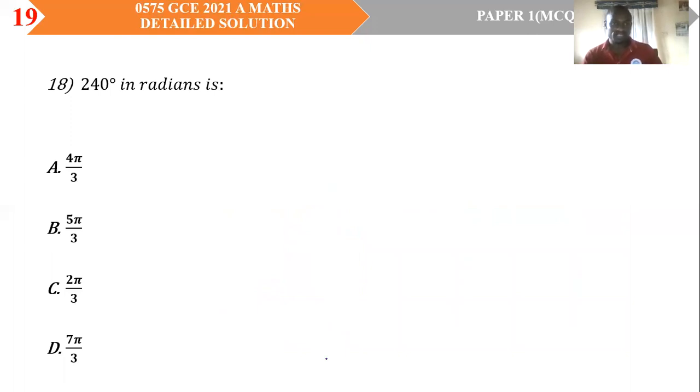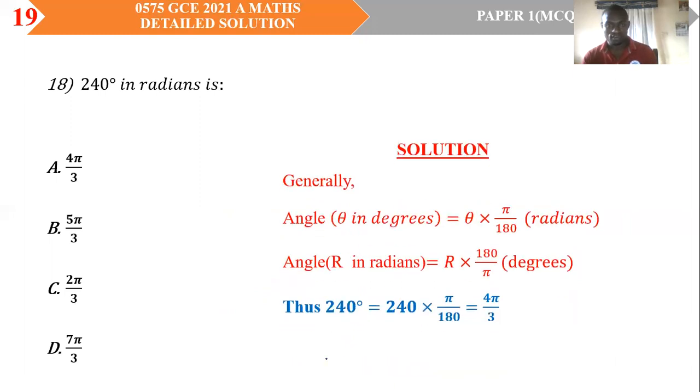240 degrees in radians is... generally, when we have an angle in degrees, to change it to radians, we simply multiply by pi over 180. If we have an angle in radians, to change to degrees, we multiply that angle in radians by 180 over pi, and the result is in degrees.